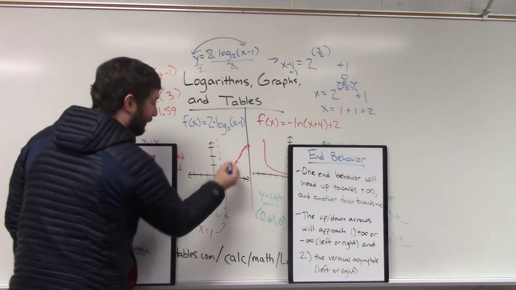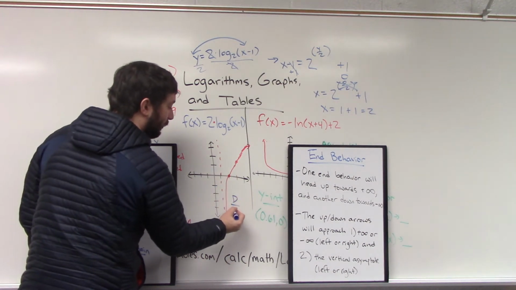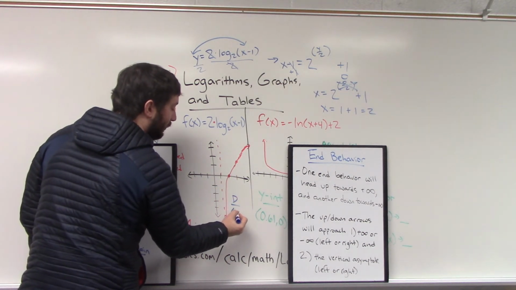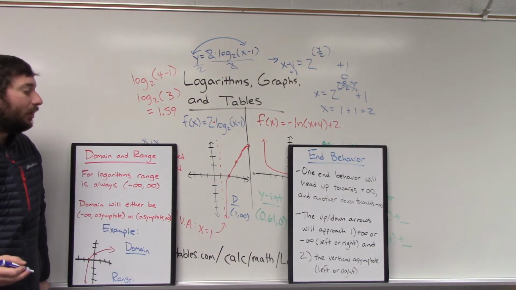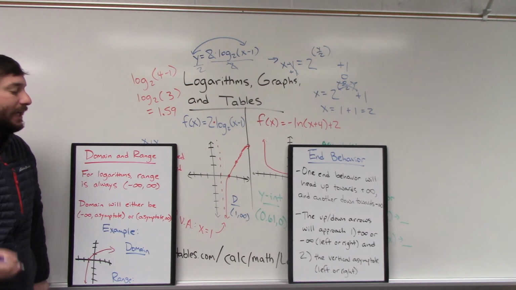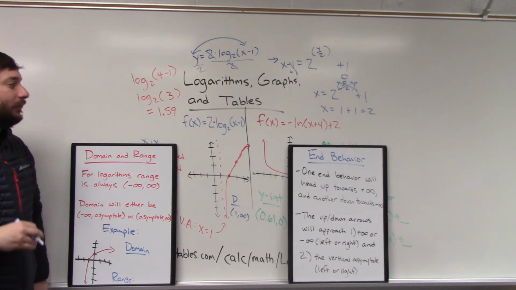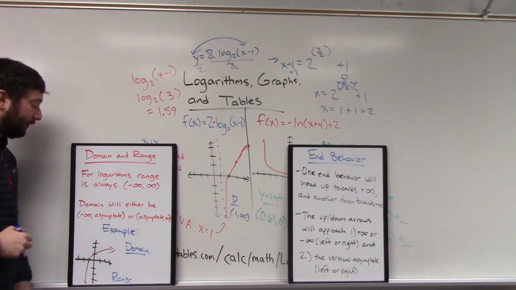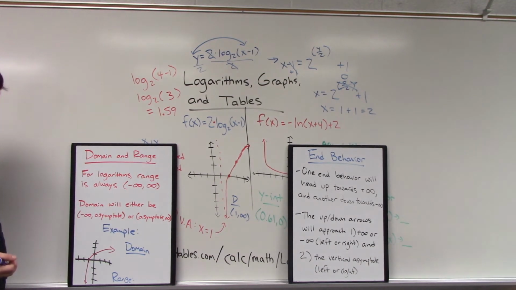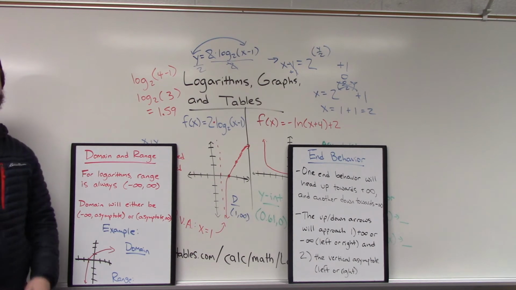So the domain here, for example, would be 1 to positive infinity. Okay. But it's not always the case that you have negative to positive infinity for domain. For logarithms, that never happens. The range is that.